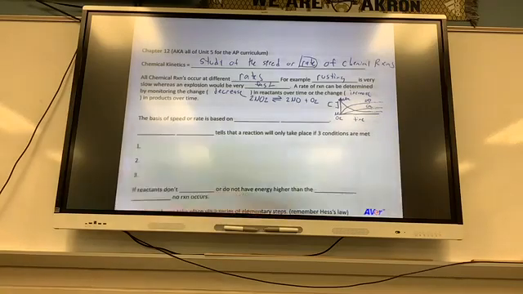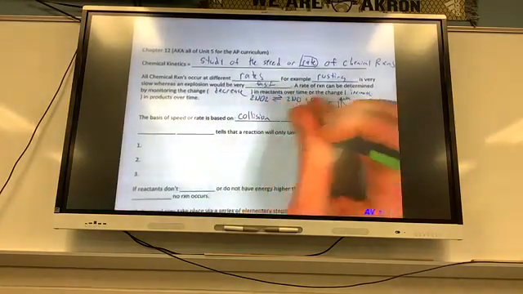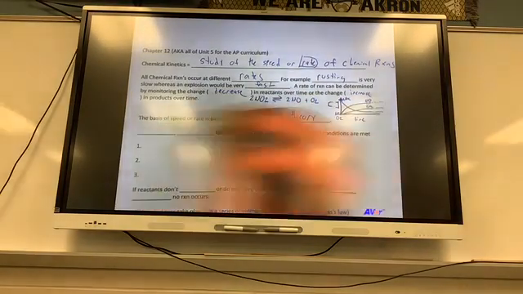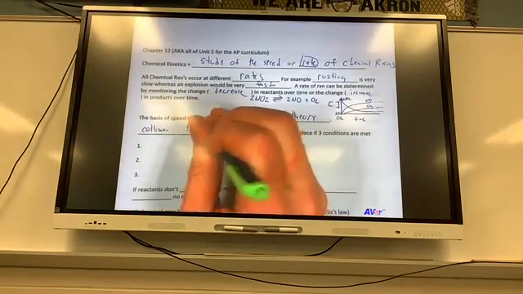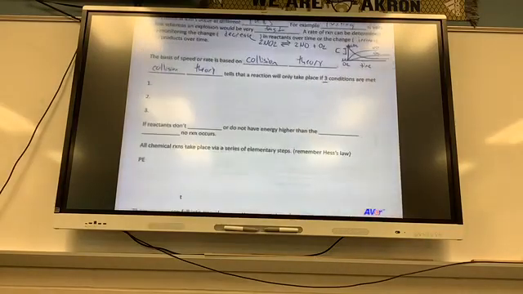So the basis of speed or rate is based on collision theory. Collision theory is all about, believe it or not, collisions. So collision theory tells us that a reaction will only take place if 3 conditions are met. Anybody want to guess what one of the conditions is? Don't overthink it.